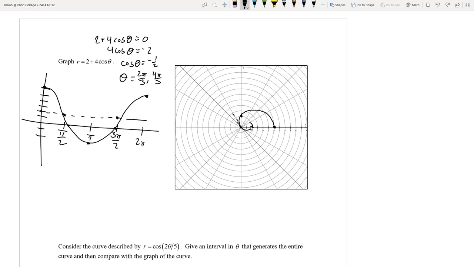Try to make this as symmetrical as I can. So right along this, the flip of our 4 pi thirds here. So 4 pi thirds of this line, we flip it back here. That gives us where we want to tangent with. There we go. Then we get to 3 pi halves, and we're back at 2.